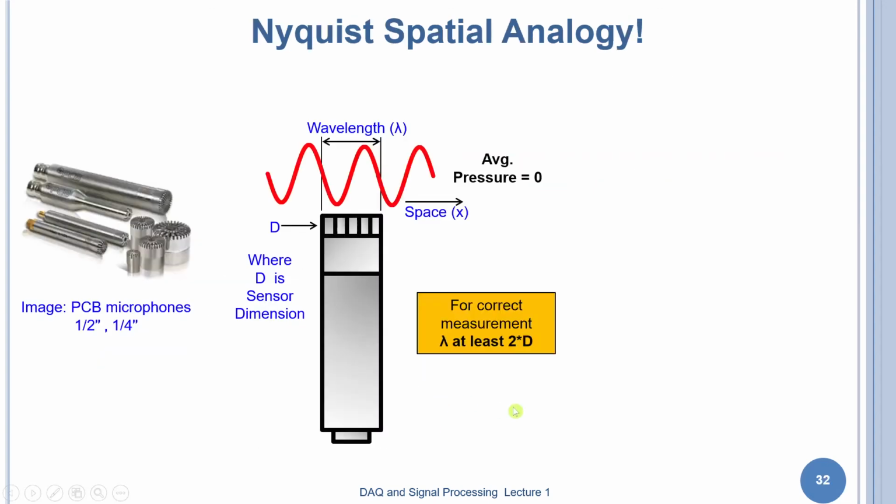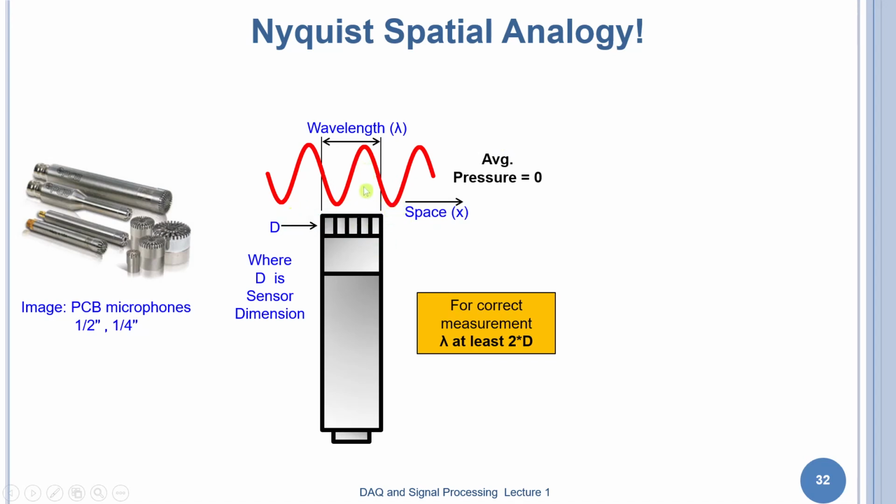Till now we looked at the temporal aspect of the Nyquist theorem. In time, how many samples are needed to capture the frequency or the fluctuation correctly? Here, most of the sensors will have a physical size. For example, if you are going to measure pressure, the sensor is going to average the pressure across that face and give one value.